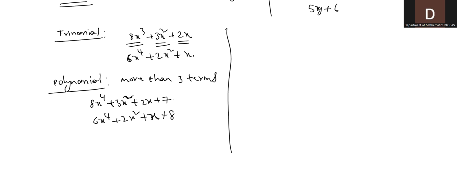The constant polynomial function. Looking at the degree, for example, a x power 0, a into x power 0, is equal to a into 1, that is equal to a. Why? Because anything power 0 is equal to 1.